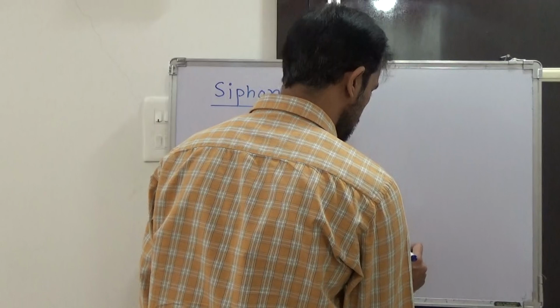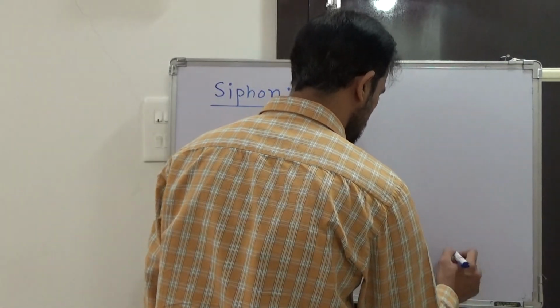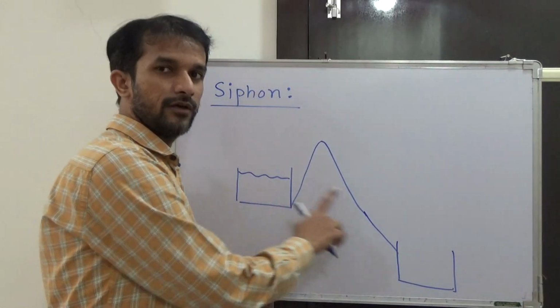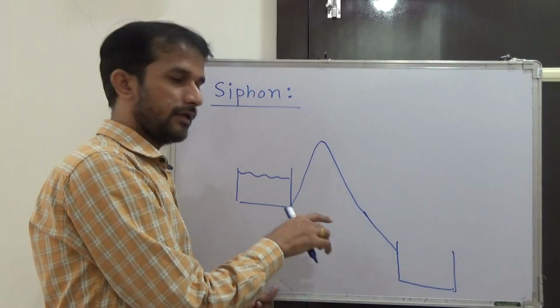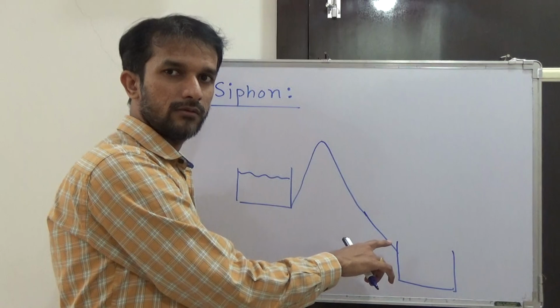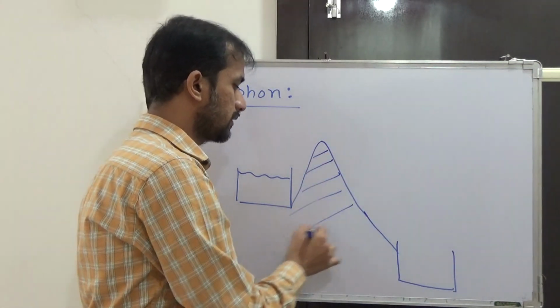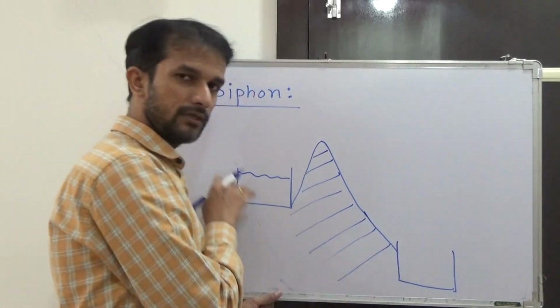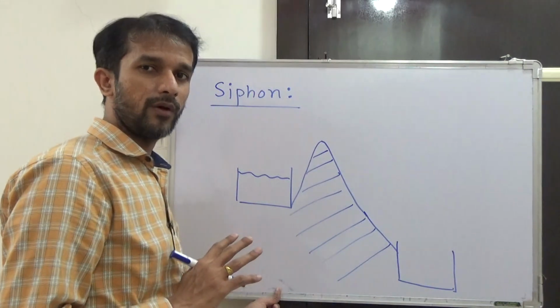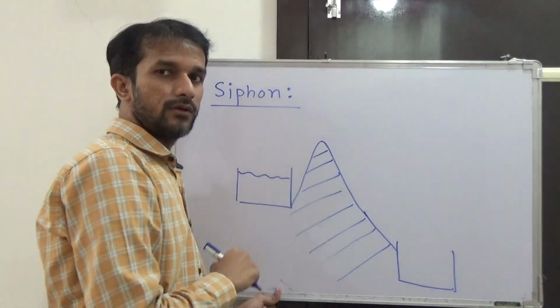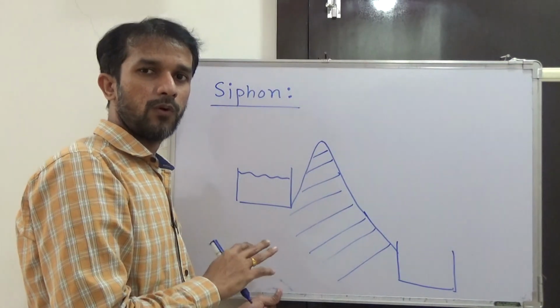Let us say there is another tank at the lower side. I cannot drill the masonry, or this is a hilly area, so I don't want to have drilling. Again, I don't want any pumping, since pumping against gravity would be required here. So I don't want to do that.